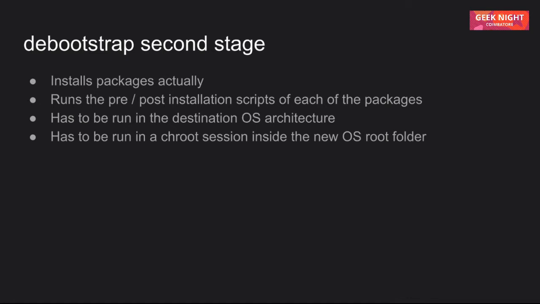For example, we could create a folder in our home directory. Within our home directory, let's say we create a folder called working directory, and within the working directory we do the debootstrap first stage. That would put all the files in that working directory. Once done, we can simply say chroot, followed by the path to the working directory.